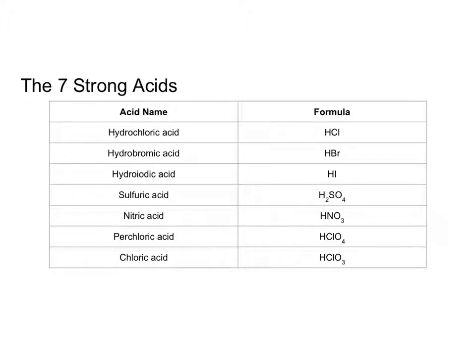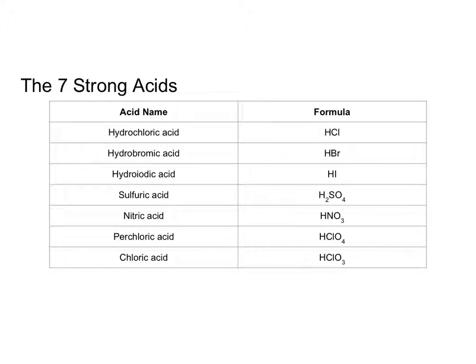So, with that in mind, in this particular scenario, there are 7 strong acids that you technically don't have to memorize, but you do have to be responsible for understanding what they are. If you're planning on taking AP Chemistry anytime in the future, you definitely should memorize them, and they are hydrochloric, hydrobromic, hydroiodic, sulfuric, nitric, perchloric, and chloric acid. Those are the 7 strong acids, and everything after that is a weak acid.